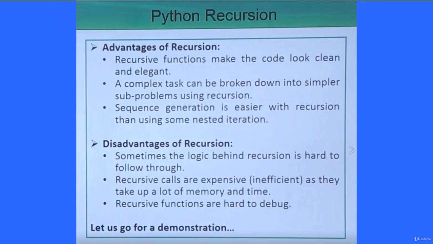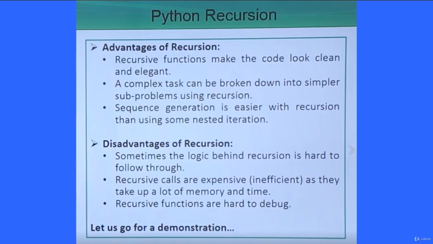So advantages of recursion. Recursive functions make the code look clean and elegant. We know that in our data structure, we had two algorithms for the towers of Hanoi problem, and we know that in case of recursive algorithm, we wrote only 4 to 5 statements, but in case of non-recursive algorithm, we had to write one page full of codes.